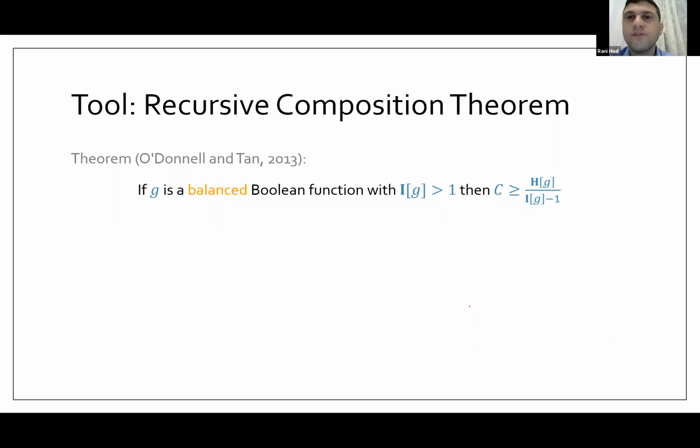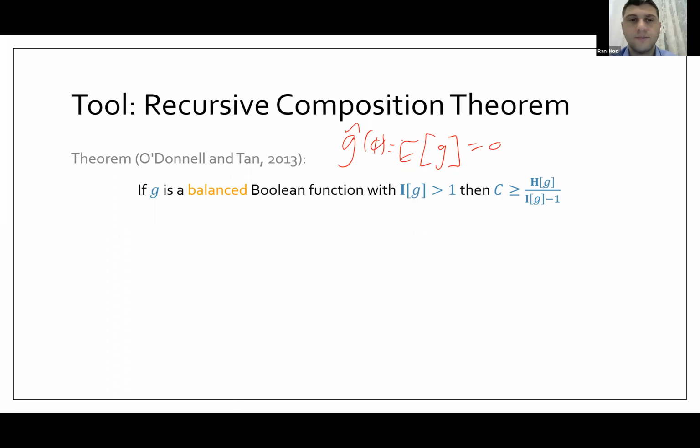So we weren't the first ones to give lower bounds. There's a lower bound by Ryan O'Donnell and Li-Yang Tan from 2013 that uses some recursion composition theorem. We'll see how it works later, because we're going to make a version of this theorem. But basically you start with some balanced function, meaning that the number of plus ones as the output and the number of minus ones is the same, or we could also say that this means that the expected value of the function is 0, and this is also the 0th Fourier coefficient.